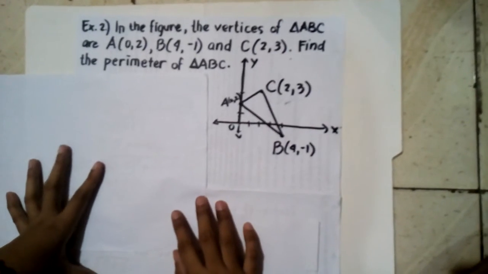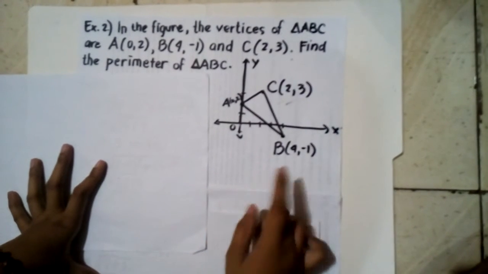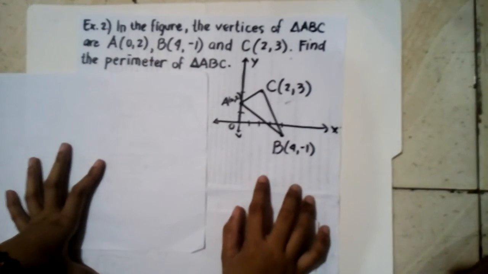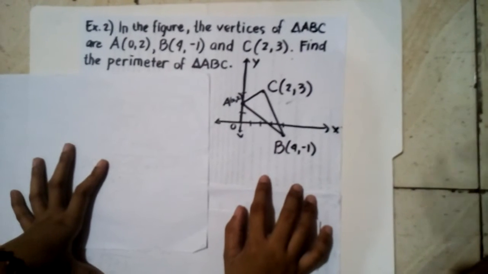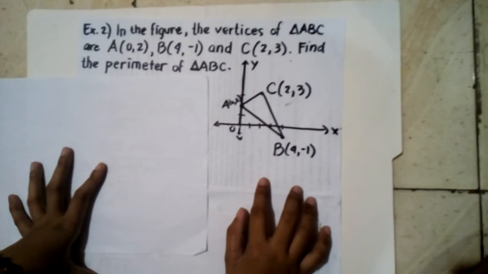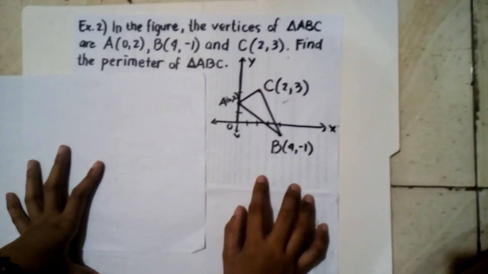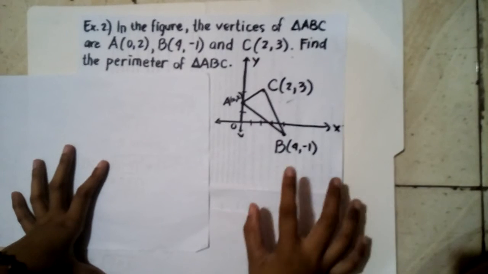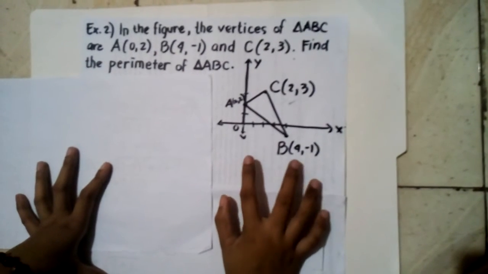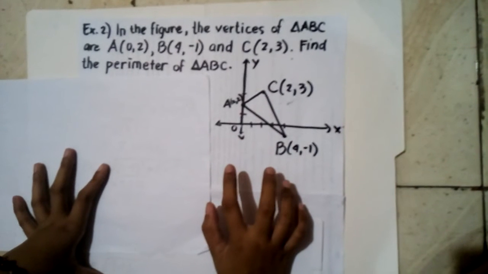So let's have our second example. In the figure, the vertices of triangle ABC are A (0, 2), B (4, -1), and C (2, 3). Find the perimeter of triangle ABC. To find the perimeter of this triangle, we should first know the distance of its sides.